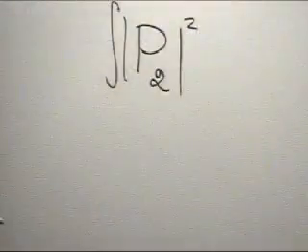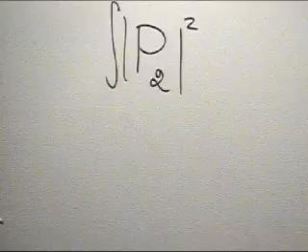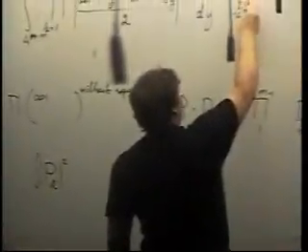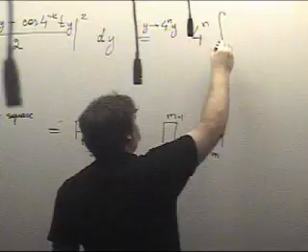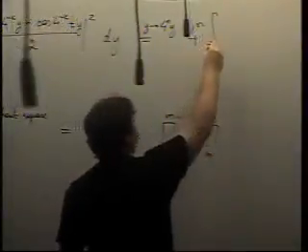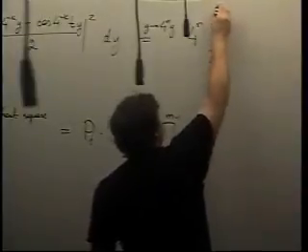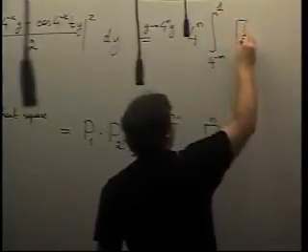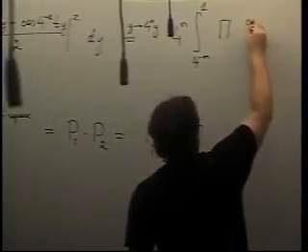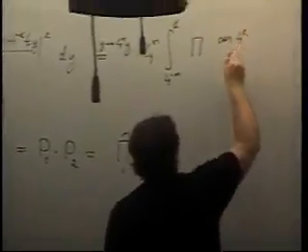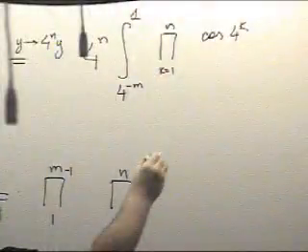Okay, now I'll start with P2. And I also want to make a change of variable, y to 4 to the power n y. Then my integral is 4 to the power n, which comes from the differential, times the integral from 4 to the power m to 1, and then the product is going to be of cosine of 4 to the power k, not 4 to the power minus k, and k still runs from 1 to n small.